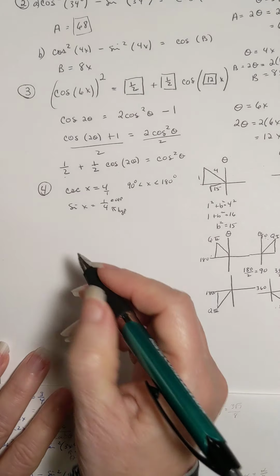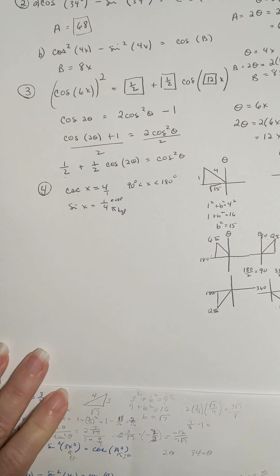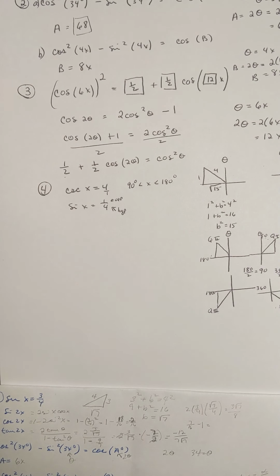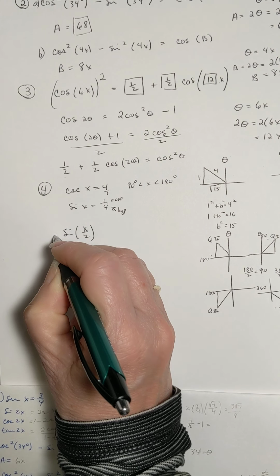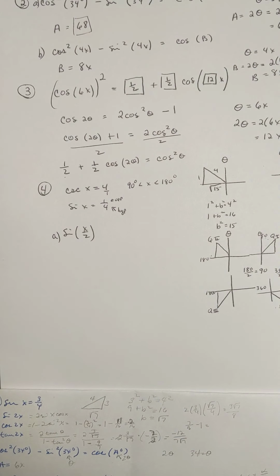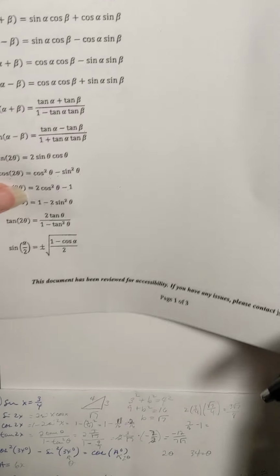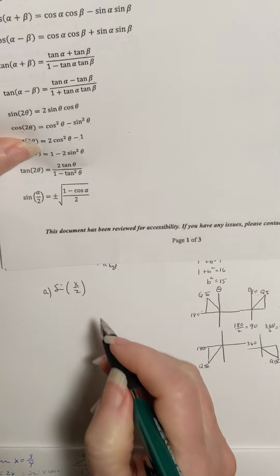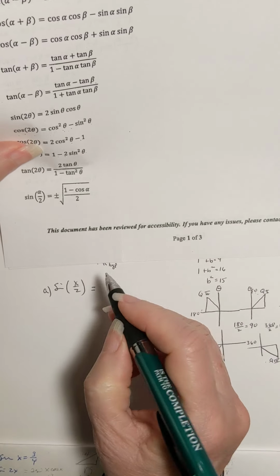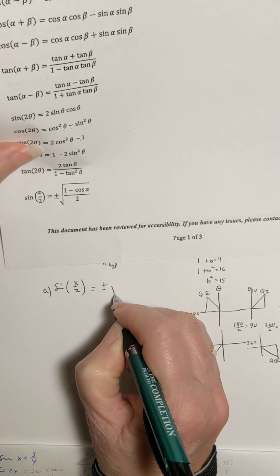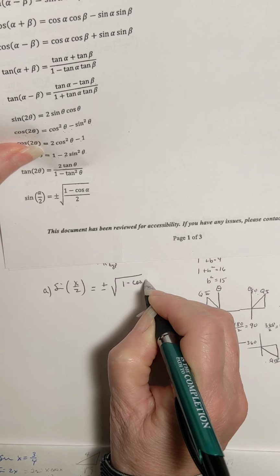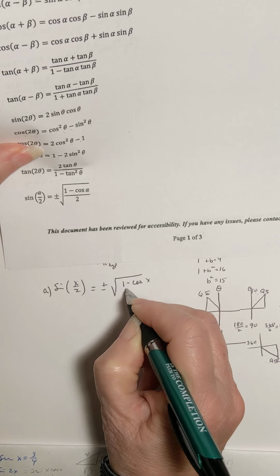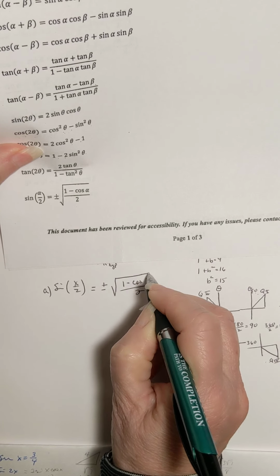All right, so when I do my half angle formulas, because they want me to find the sine of x over 2 is part A. So looking at my formula for the sine of x over 2, and this again is on the bottom of the first page, it's plus or minus the square root of 1 minus cosine of, in this case, x over 2, all right?